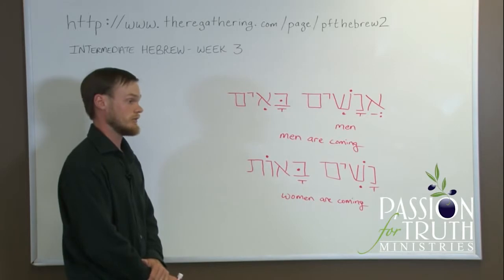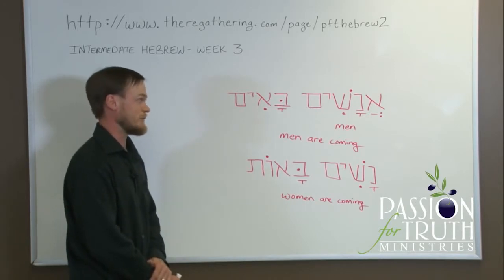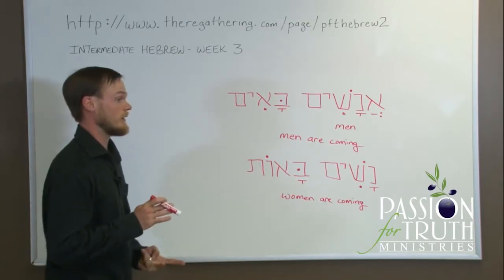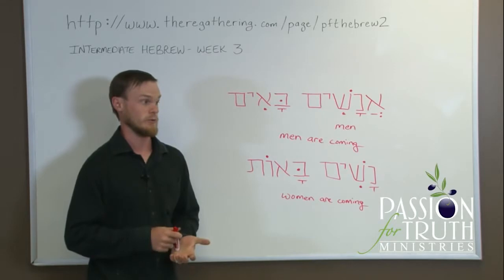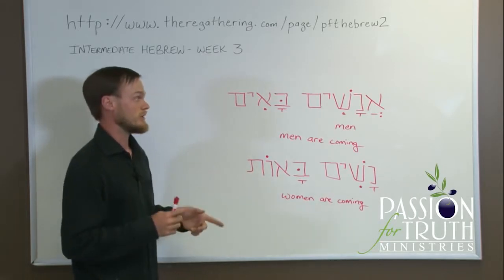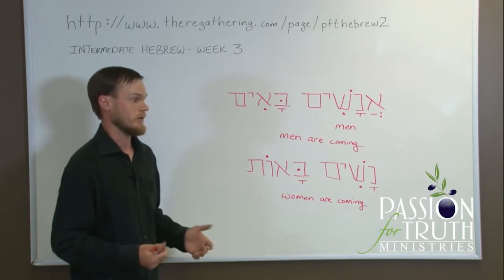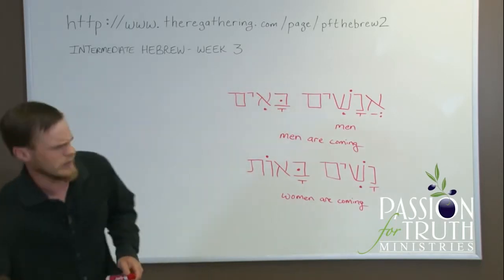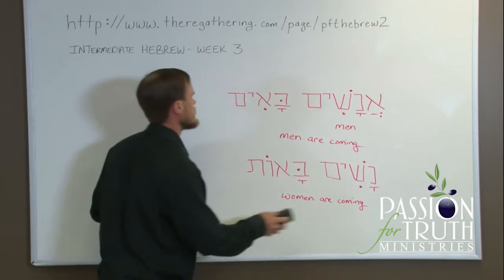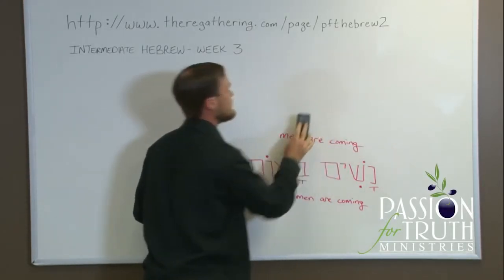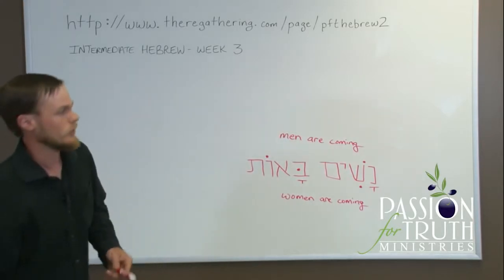You could do that as well. You could have 5 men are coming. Which would be just one letter of the Hebrew alphabet. No, in fact. The letters do have numerical value, but numbers in Hebrew are depicted by actual words describing the number. And that'll be a class where I go over numbers. But yeah, if you wish to write the number 1 in Hebrew, there's 2 ways to do it.